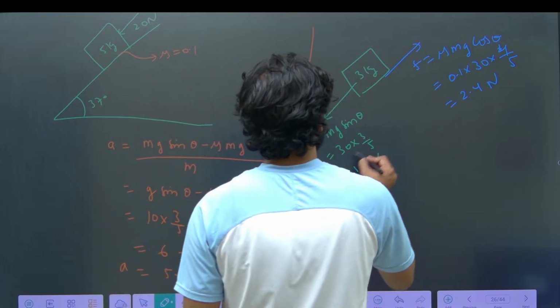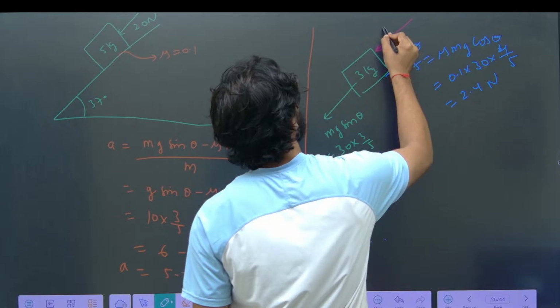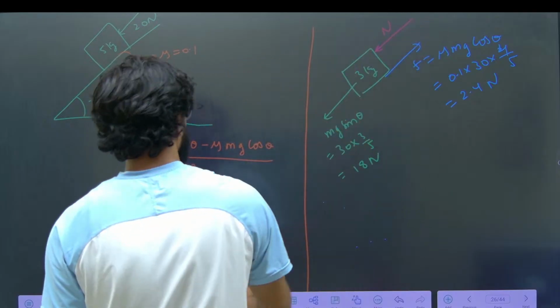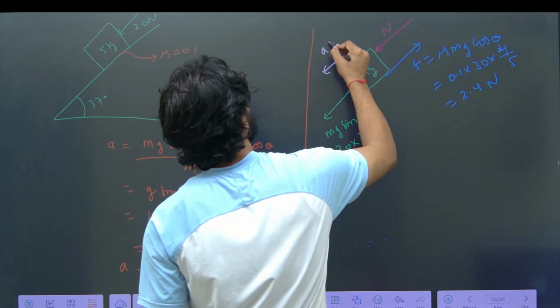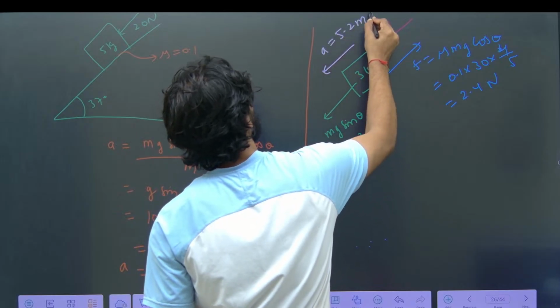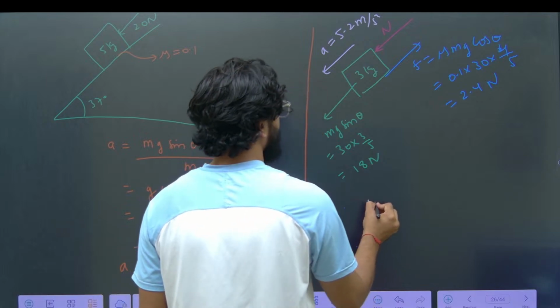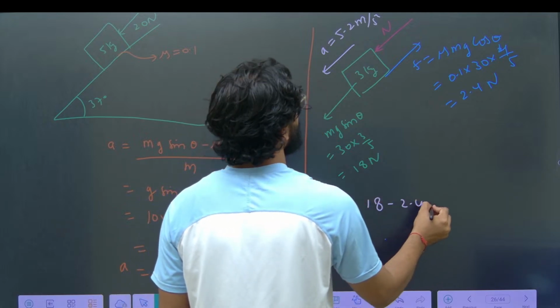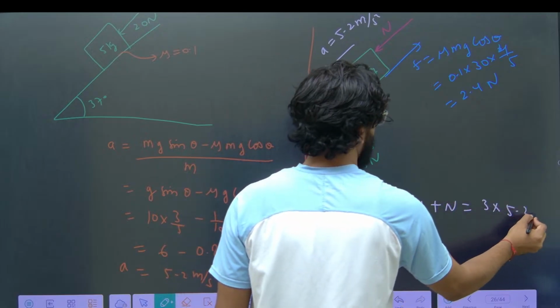And there will be one more force of normal over here from the 2 kg, and resultant acceleration is 5.2 meter per second square. So can we say that 18 minus 2.4 plus n equals 3 into 5.2.